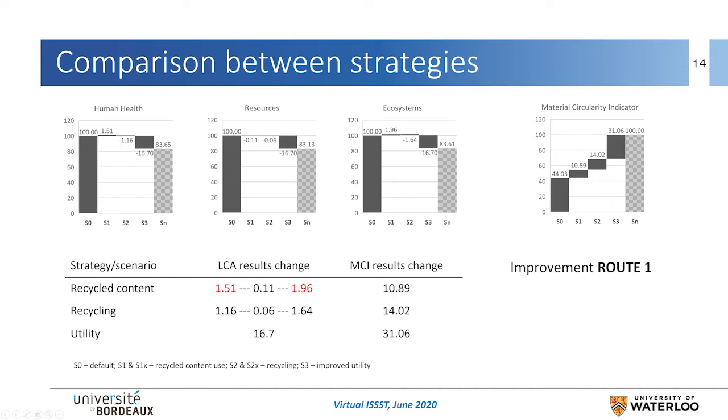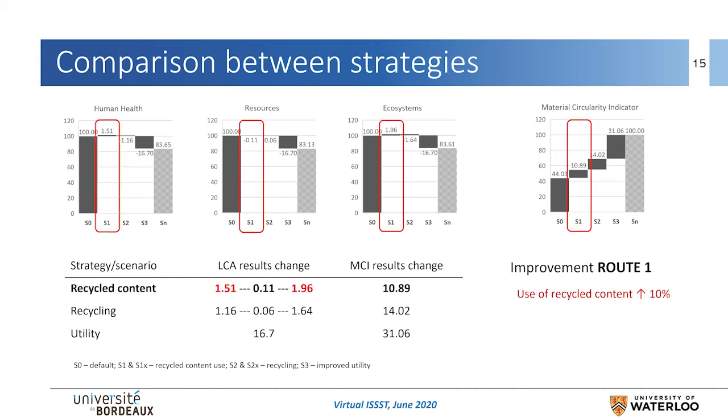In the case of recycled content, if you add 10% of recycled content, we actually have an increase in impacts of 1.51%. We have decreased impacts for resources by 0.11, and again added environmental burdens for ecosystems of 1.96. This all corresponds to an improvement of circularity by some 11%.